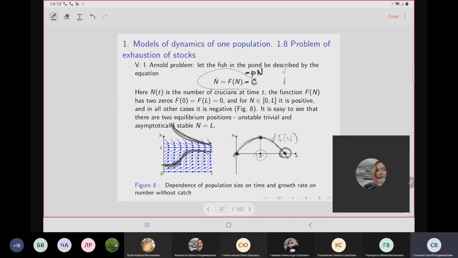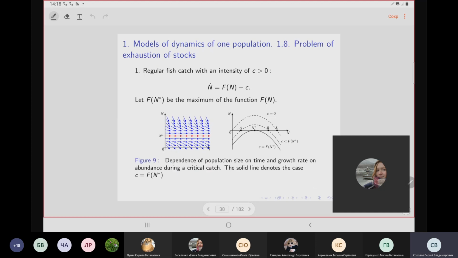Okay. First of all, let us consider the first, the regular catch. So we introduce some positive intensity C, and we are trying to optimize the C. What is the biggest possible C that can be achieved?